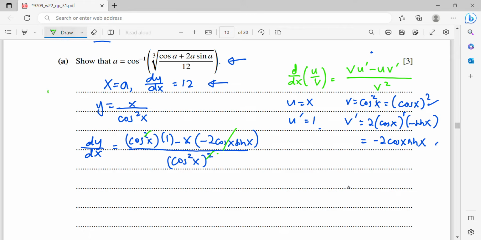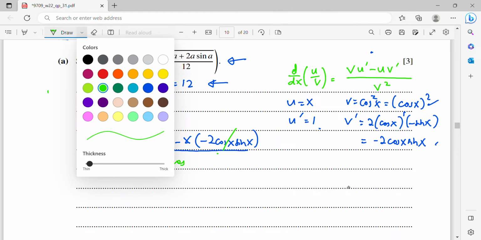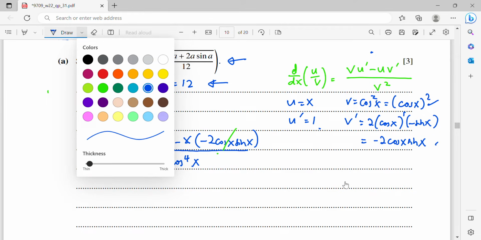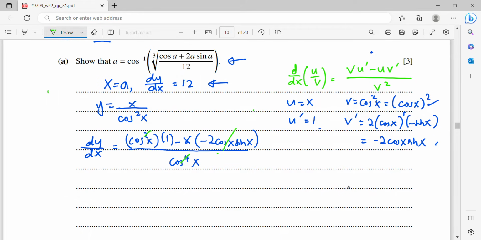So I would say this is cos degree 4. Now I cancel degree 1, so here is left degree 3.